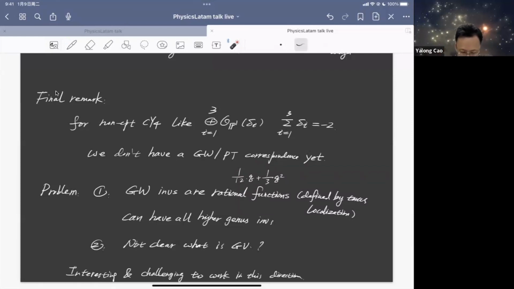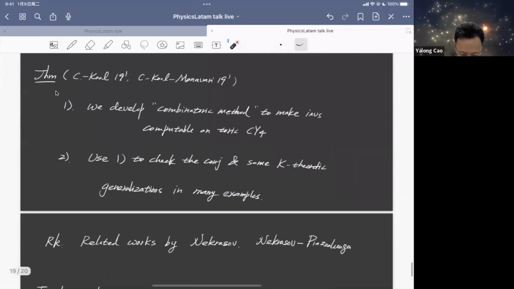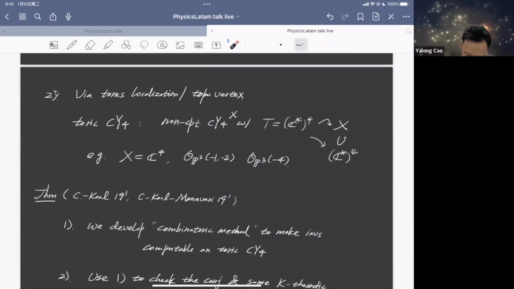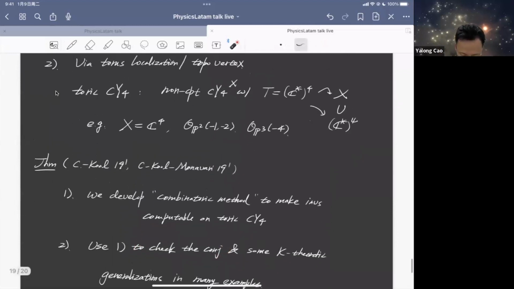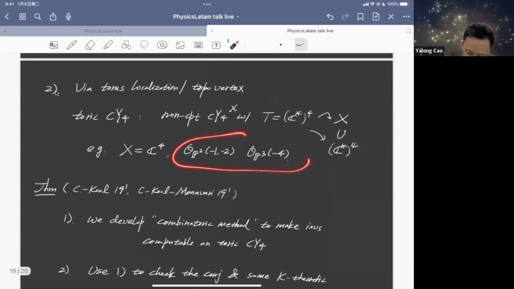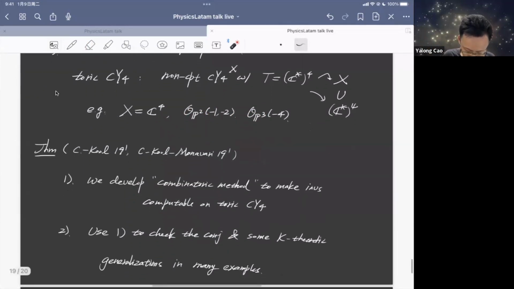You may also be wondering that when I say in the previous page we develop a method to compute and check conjectures, in what sense? In these two examples, the normal bundle is negative. So if you consider stable pairs, you will have a proper moduli space, and everything will still be numbers, not rational functions. In this sense, we can make sense of the conjecture and check it in examples.